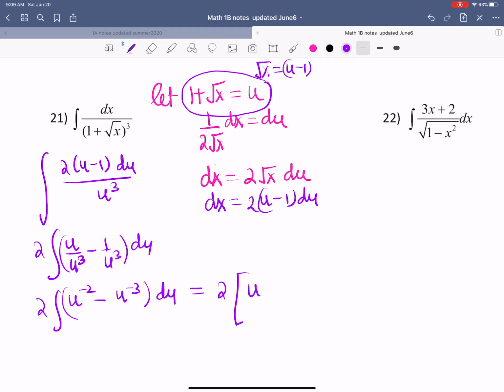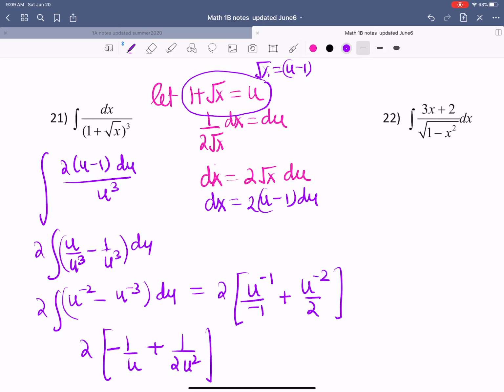which turns out to be, once we do the integral here, u to the power negative 2 will be negative 2 plus 1, which is negative 1, divided by negative 1, minus u to the power negative 3 plus 1 is negative 2, divided by negative 2, which would become a positive here. Now a little more simplification. So we have negative 1 over u plus 1 over 2u squared.